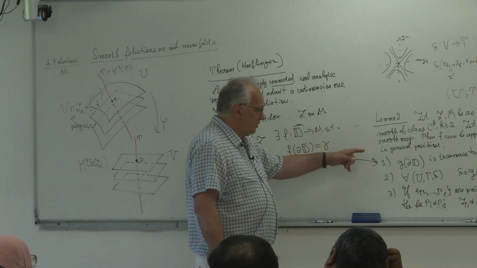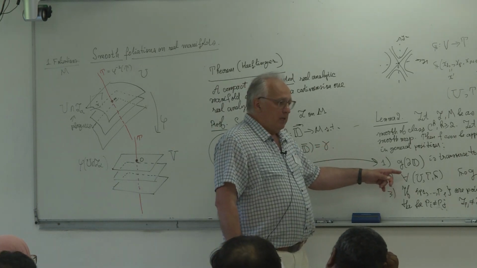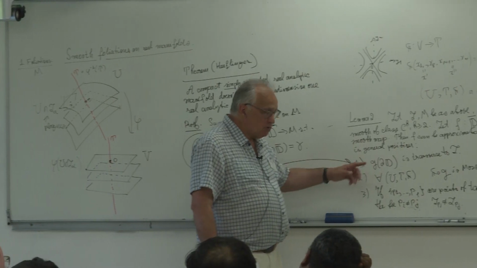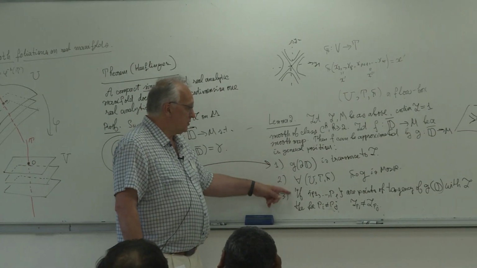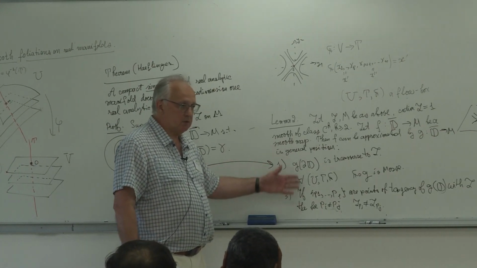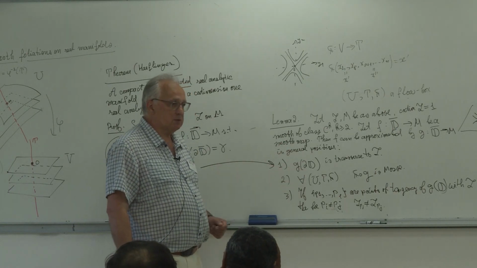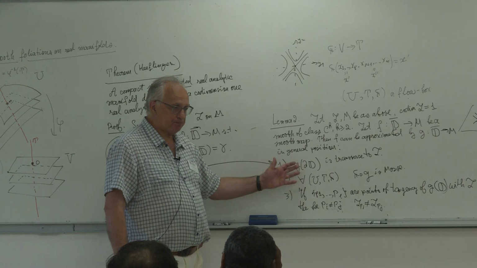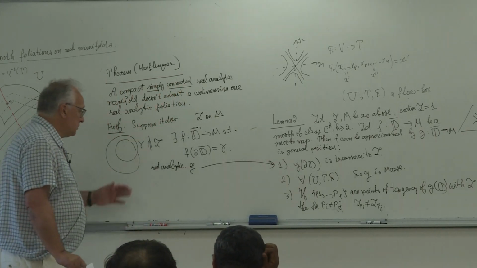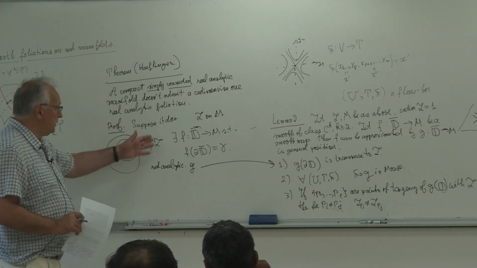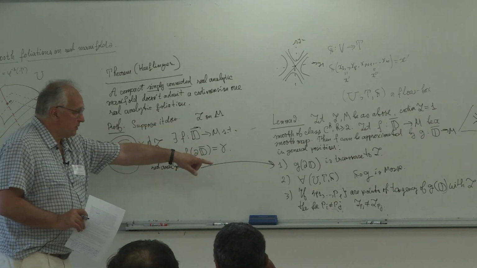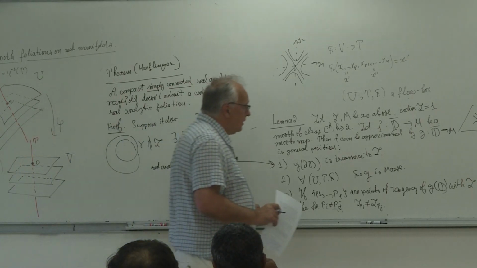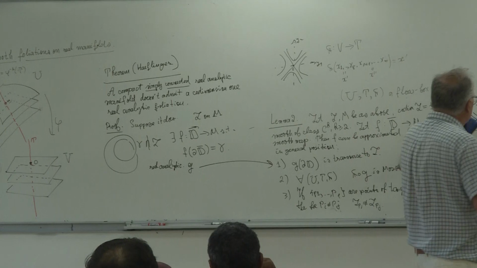And now you can observe that any map which is C2 close to the generic one will be a generic one, will be in general position. So this is a generic thing. Okay. So we construct a real analytic map which has these properties. And now we can apply all this stuff.